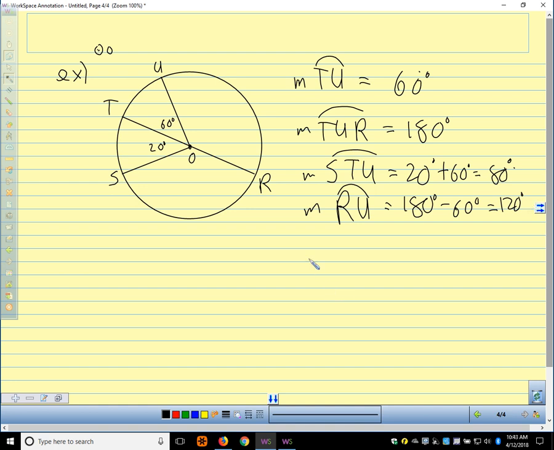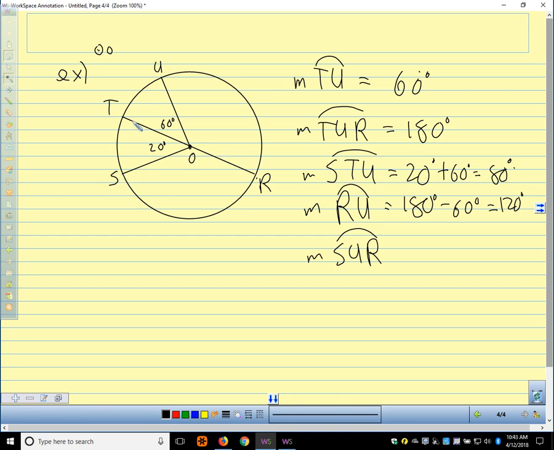What would be the measure of arc SUR? Major arc. So from here around to here. I think you went the other direction.